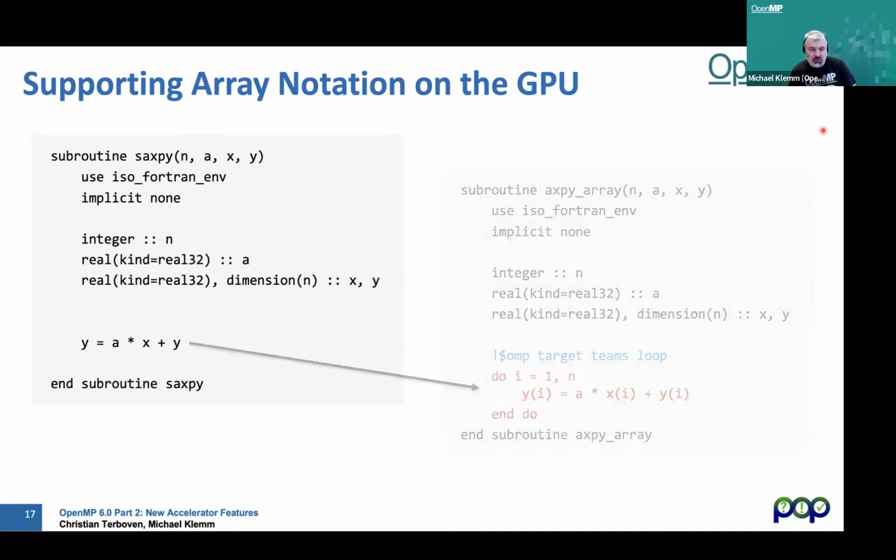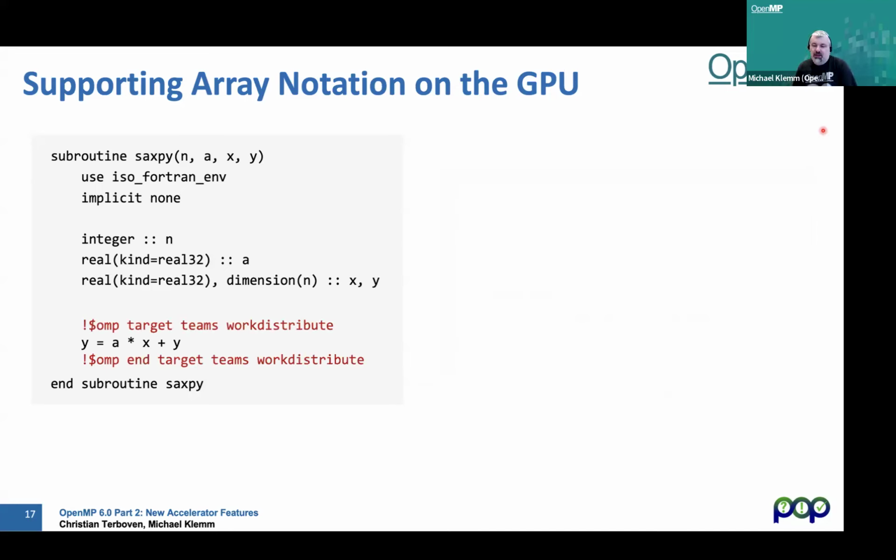And Christian, when you click once more, one of the additions that we did with OpenMP 6 was introducing a special construct called workdistribute. If you are an OpenMP programmer, especially in the Fortran space, you may remember the workshare construct that OpenMP offers since probably 97.